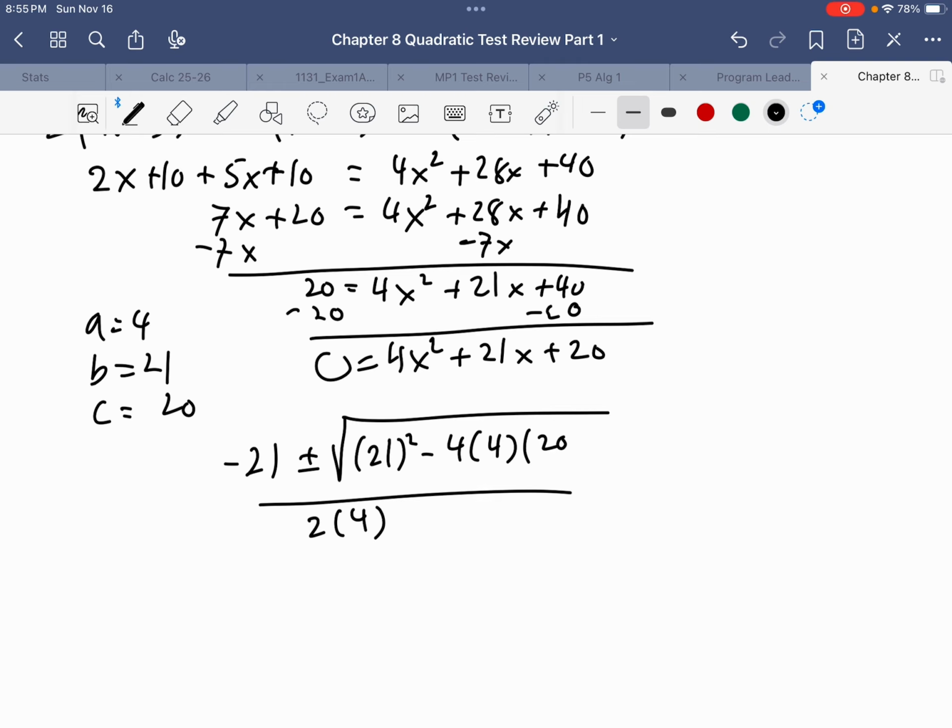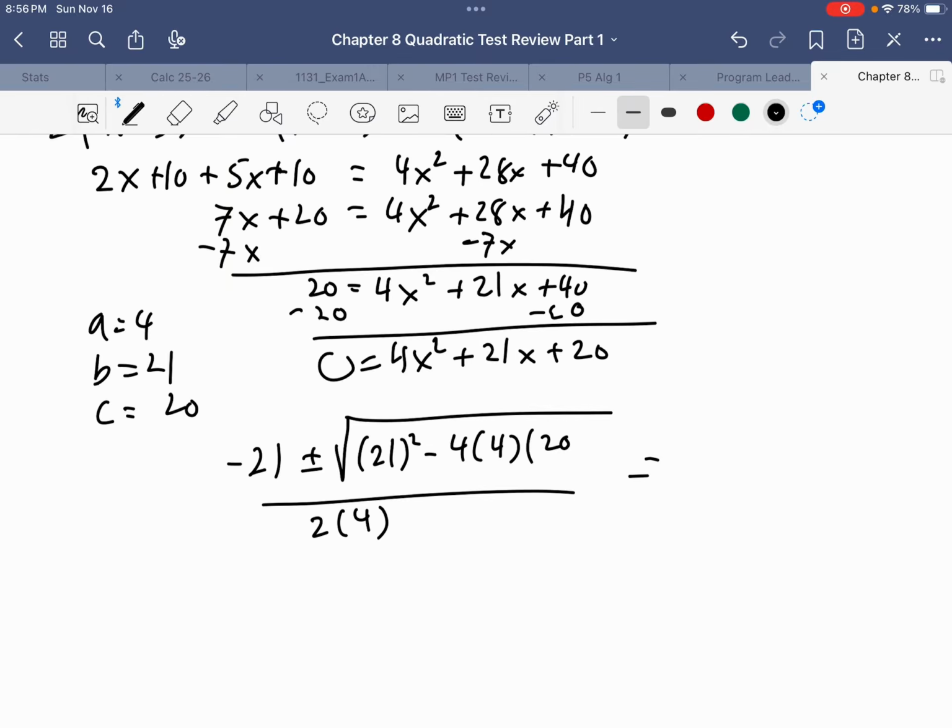I don't remember what 21 squared was off the top of my head. I think it was 441. Let me see. Okay, so negative 21 plus or minus the square root of 441, and then 4 times 4 times 20 taking away 320, and we're dividing by 8.